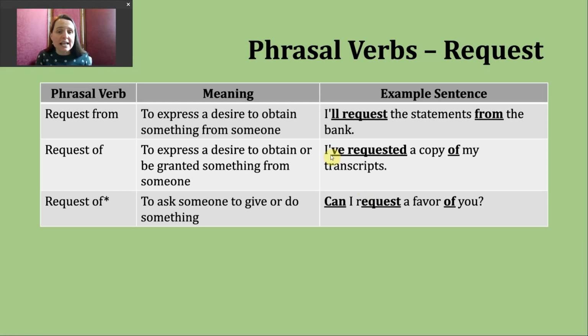So I could say, I've requested a copy of my transcripts from, and then name the particular college or university that I have made this formal ask from, right? Who or what is providing these copies, okay? So you might see that as well. Again, same general meaning still applies.